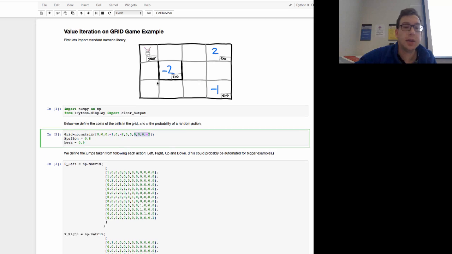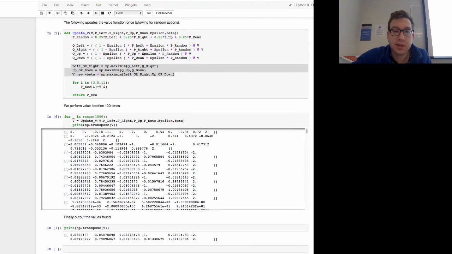The output it's giving me over the first iteration is saying that, with the discount factor and the probabilities of moving around, the value of the block that's next to the minus 1 is minus 0.18. Then the value of the next row is 0, minus 2, 0, 0.54.